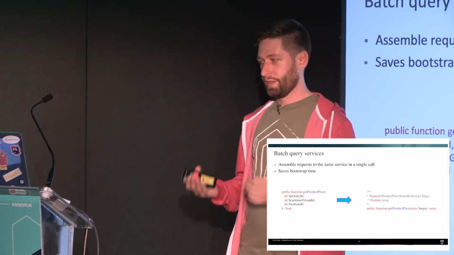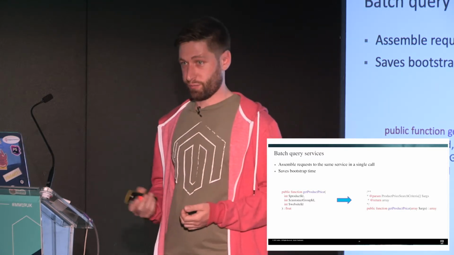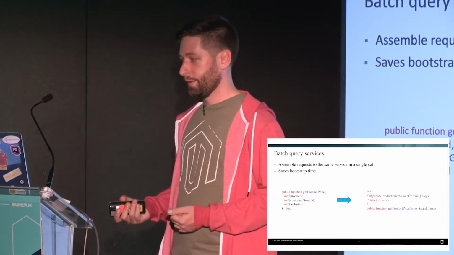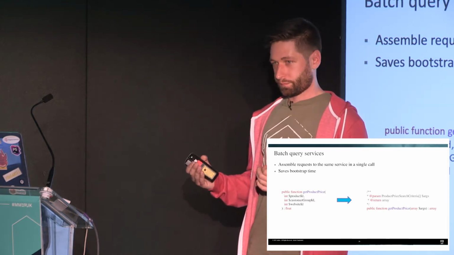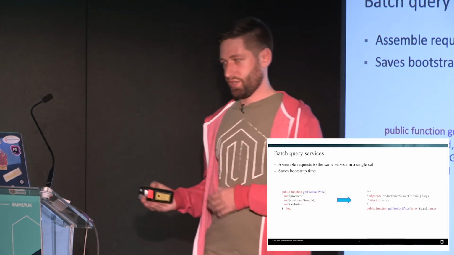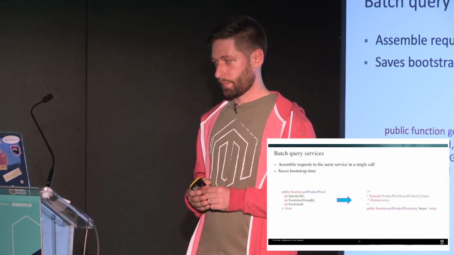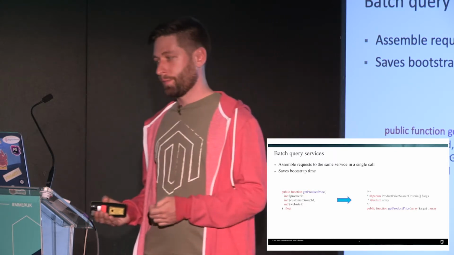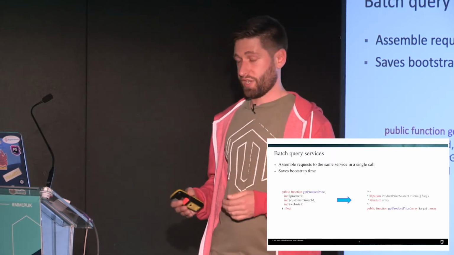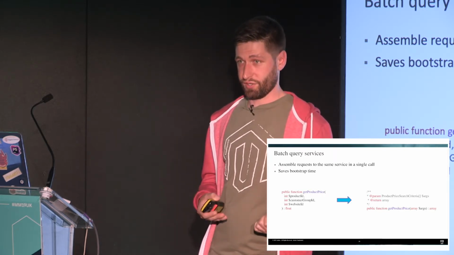For example, the getProductPrice function requires a product ID and returns the price for one specific product. Such APIs will be adjusted, and new APIs will be added that will work with arrays and process several products or several entities at once.